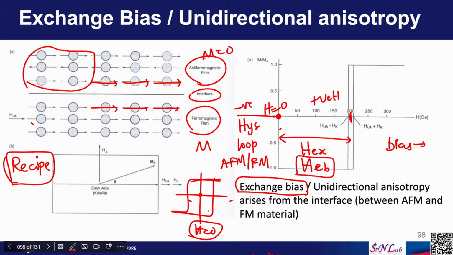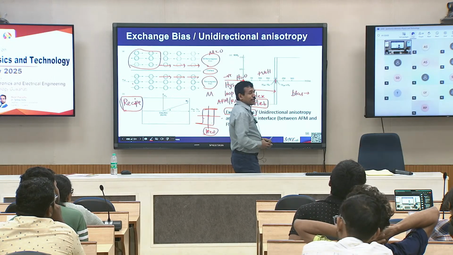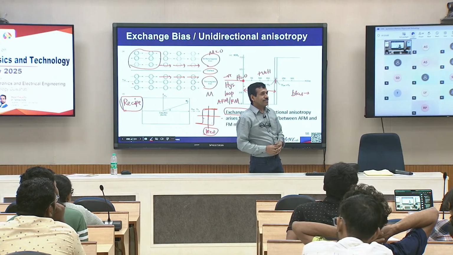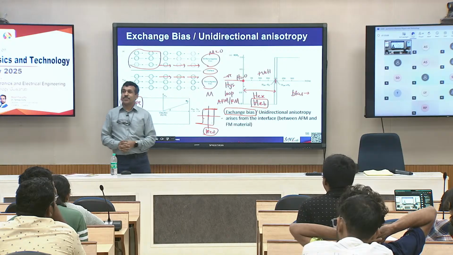So I asked you the question, what difference do you see? I got one answer, which is the shift. Okay, that is correct. But is that the only difference you see? What is that? The width of the hysteresis curve, of the transition from the remnants to this. Remnants, what is? Positive.